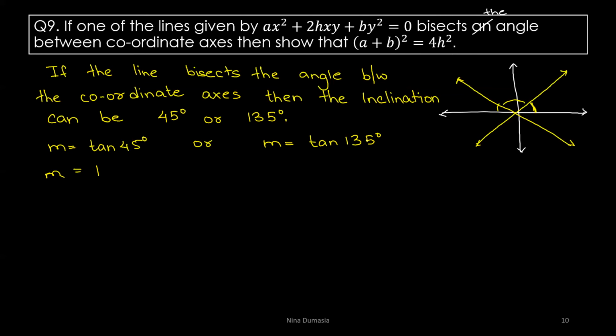Same formula as in the earlier sum, it will become minus tan 45 which is minus 1. So therefore m is equal to 1 or m is equal to minus 1. Okay. Now obviously this will satisfy the auxiliary equation. So m equal to plus minus 1 satisfies the auxiliary equation.